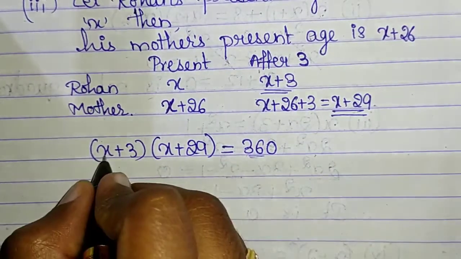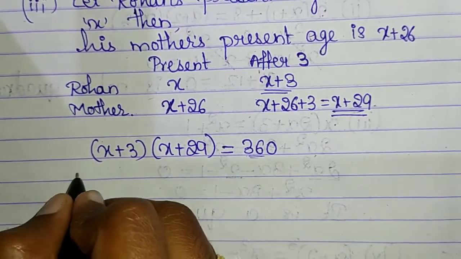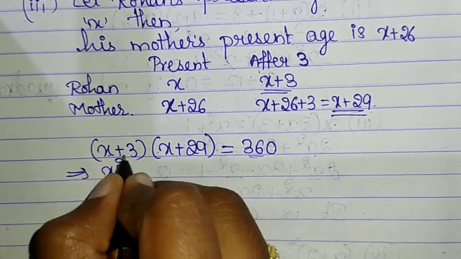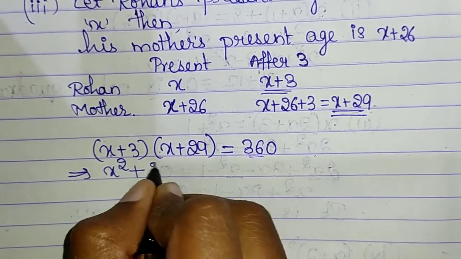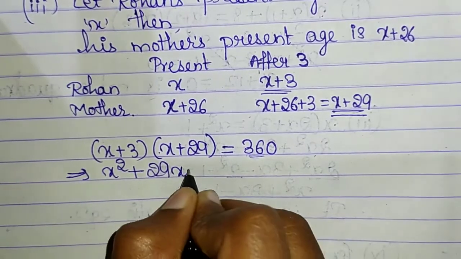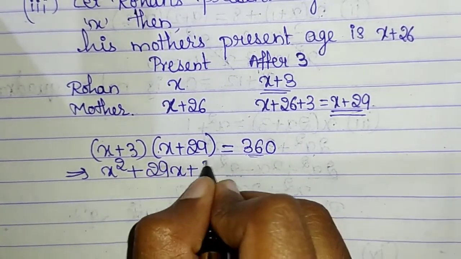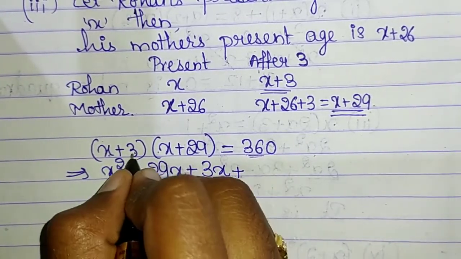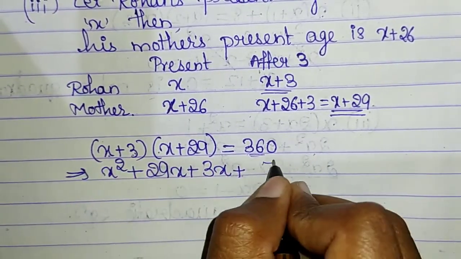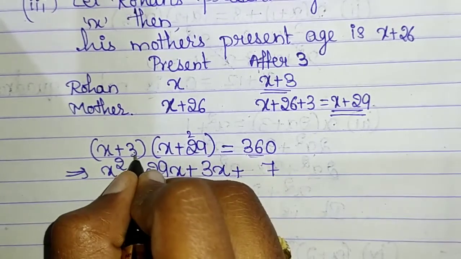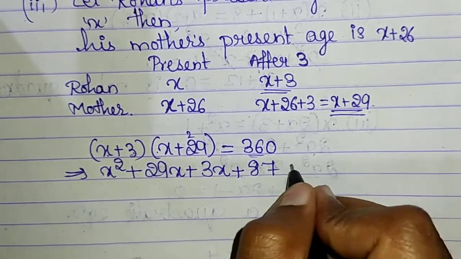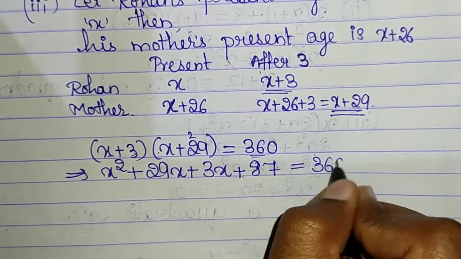So from multiplying them and simplifying, we get x into x, x square, x into 29, plus 29x, plus 3 into x, 3x, plus 3 into 29, 87. So x square plus 29x plus 3x, which is plus 32x, plus 87 is equal to 360.